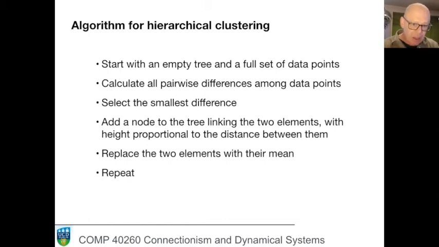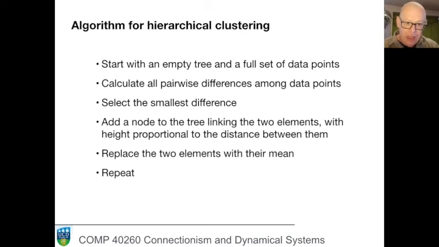Using something like the Euclidean distance metric, we can calculate all pairwise differences among the data points. So pair each point with all the other points, and then look among those for the smallest difference. We will use those 2 points that exhibit the smallest difference to add a node to our tree which we are building.